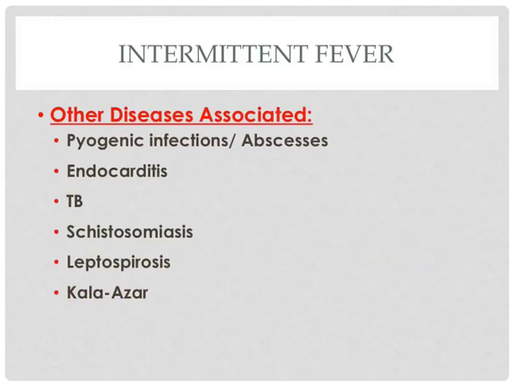Now, the diseases associated with this particular fever are pyogenic infections, deep infections, abscesses. Endocarditis has been associated with this kind of fever, as well as TB, schistosomiasis, and Kala-azar, the visceral leishmaniasis. So these are the common things, but the key is to remember the pyogenic infections and abscesses. They can present like an intermittent fever.